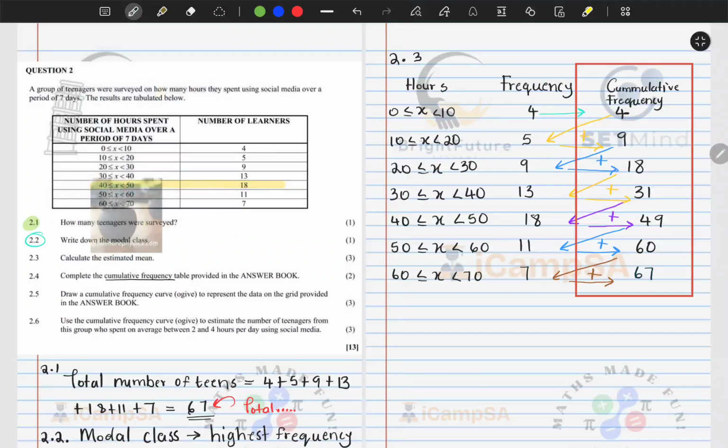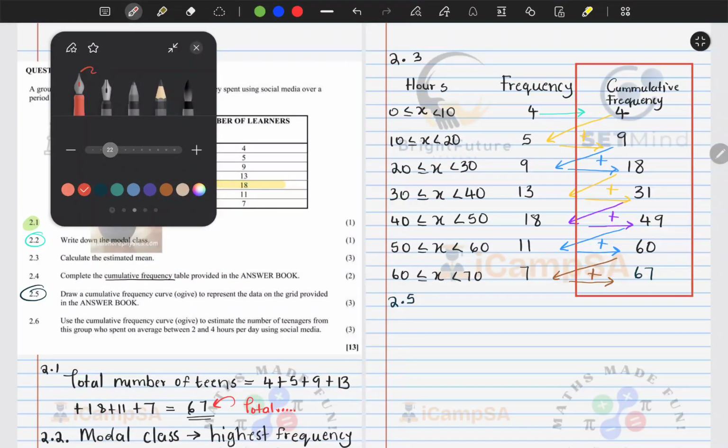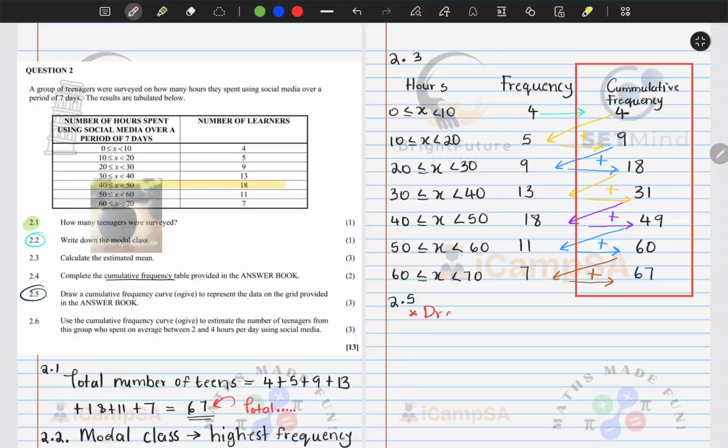We can have a look at the next question, where they require us to draw the cumulative frequency curve, which is the Ogive curve, to represent what we have. So for 2.5, we are required to draw the Ogive curve.